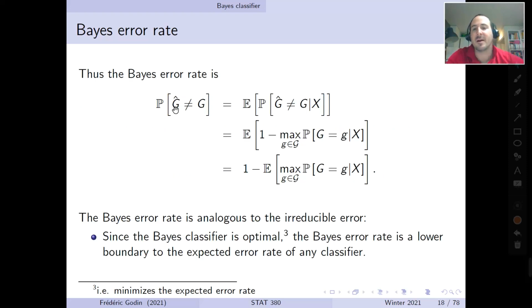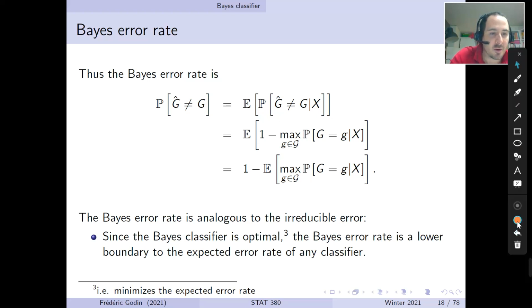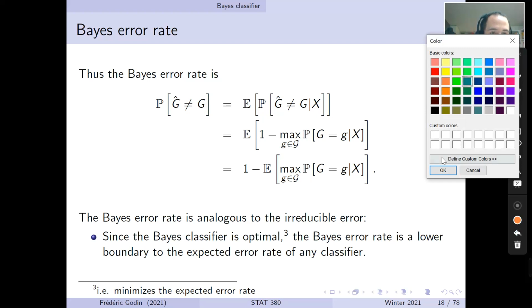So the Bayes error rate is the probability that for a random observation, your predicted class differs from the true class. Here we can use the double expectation theorem, where the unconditional probability is the unconditional expectation of the conditional probability.